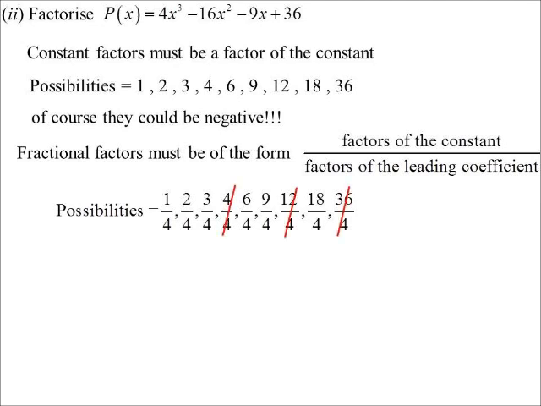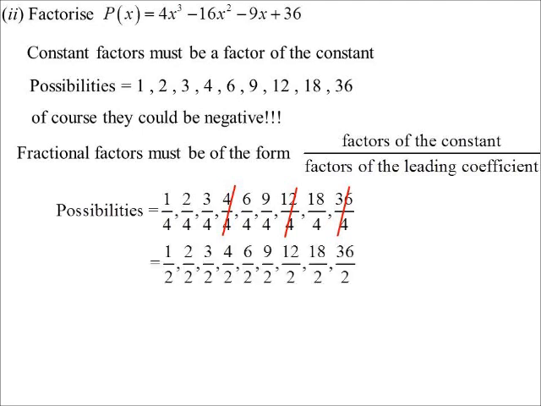So I can cross those out. I could have them over 2. 2 is a factor of 4 as well. Again, some of those are repeated. I don't need to try those. Of course, they could be negative as well. So we have several numbers to choose.